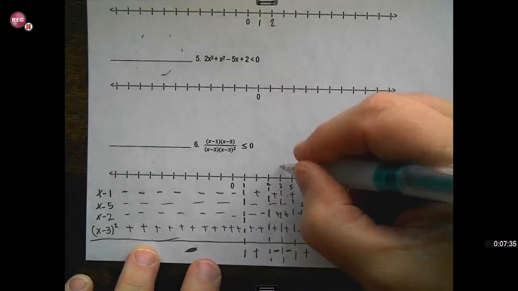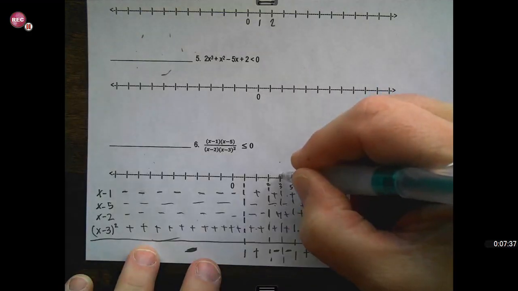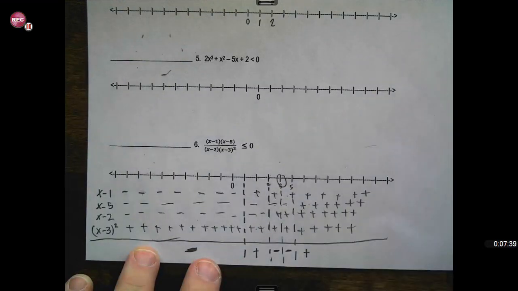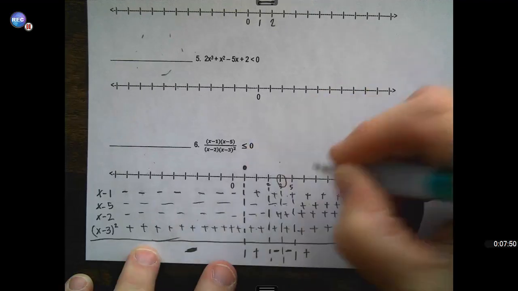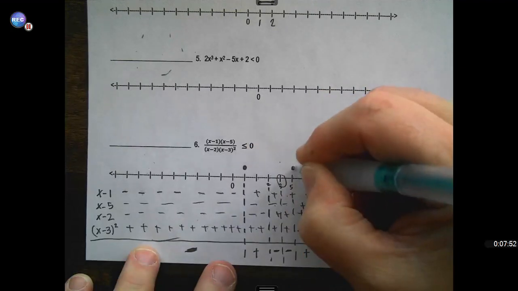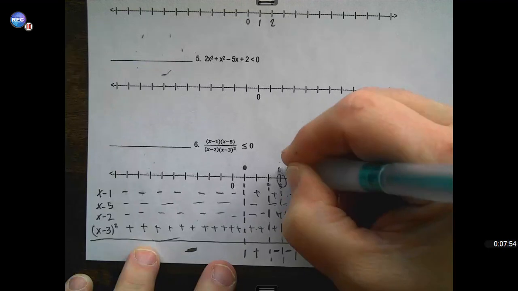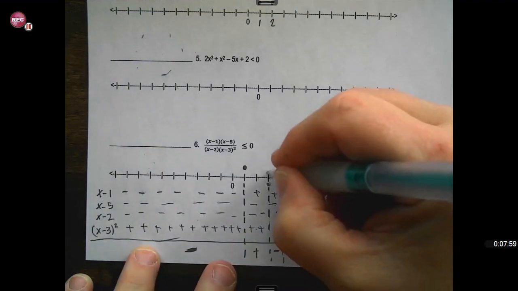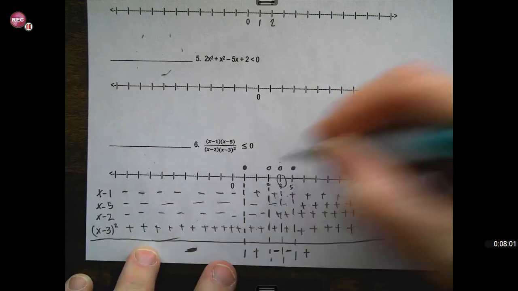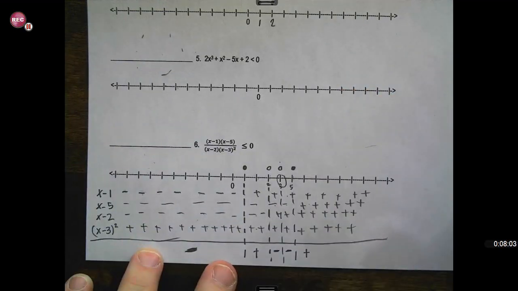But notice that 3 here is in the denominator of the fraction. And that means that x cannot equal 3. But x can be 0, but the only places it can be 0 are at 1 and 5. At 3, we have to put an open circle. And at 2, we put an open circle, even though it is involved.